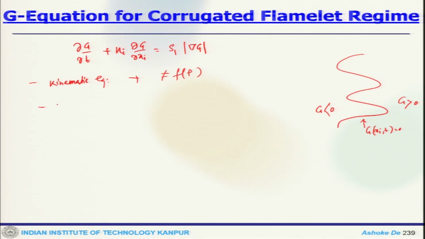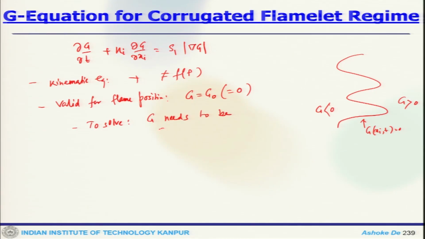So, this is valid for flame position, where G equals G naught equals 0. Now, to solve this, G needs to be defined everywhere in the flow field.